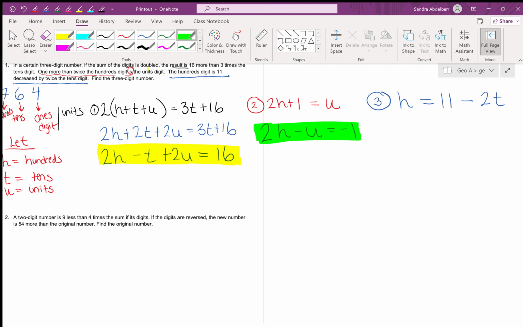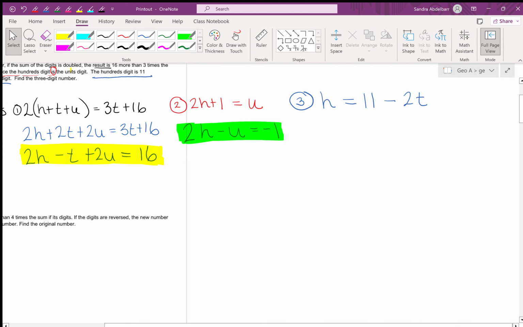All right, and the last equation, I'm going to add the 2t over. So we are h plus 2t equals 11.